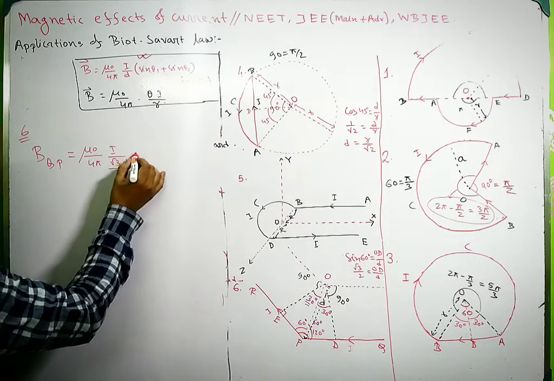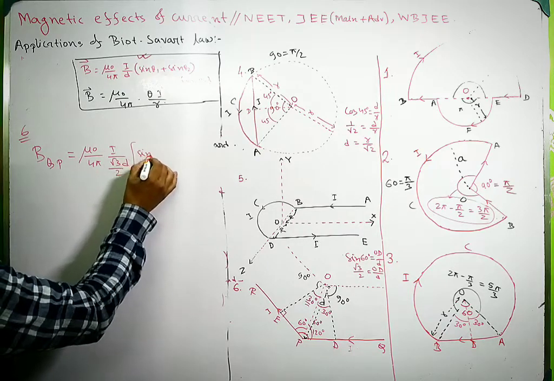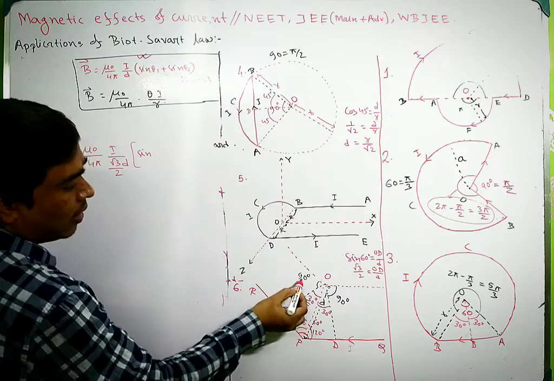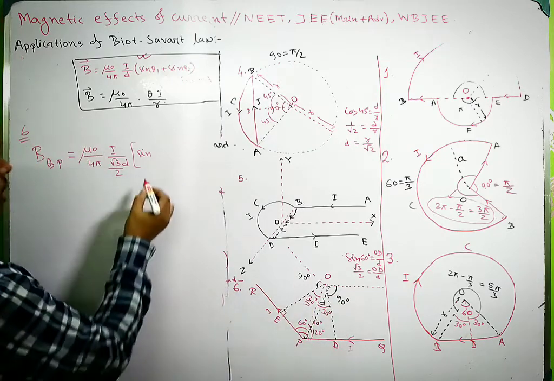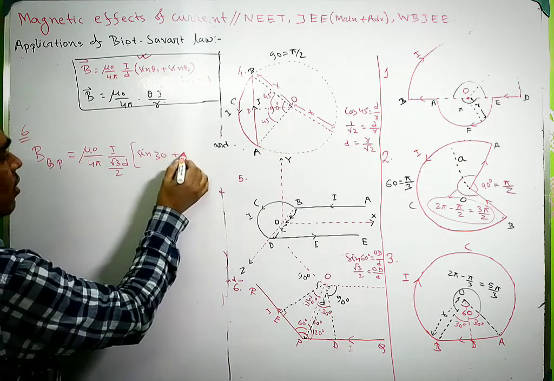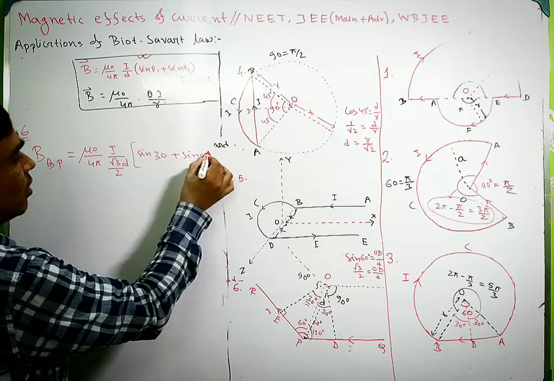This is D, and this one is 30 degrees and the other is 90 degrees.